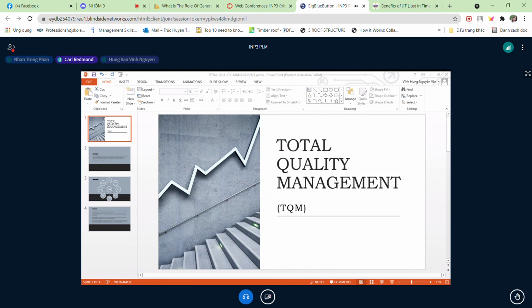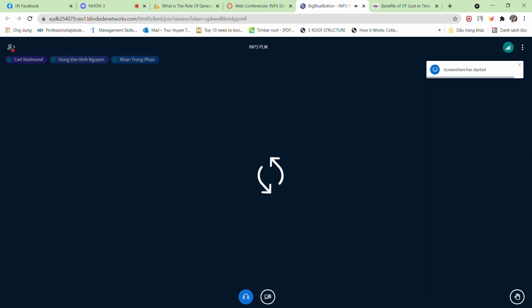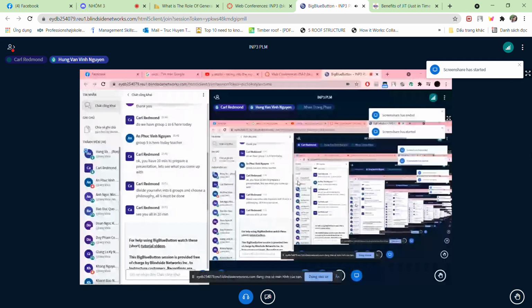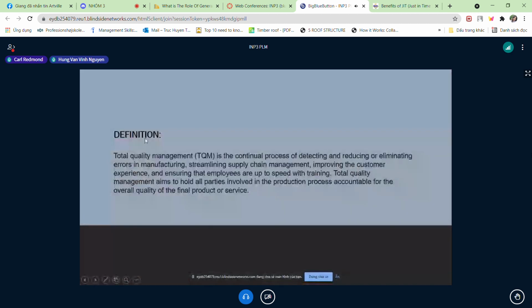Can you just click on slide number 2? You don't have to start the presentation because you can see it no matter what. There's some trouble with my computer, so okay, it's done. Now we can see it. You went to the definition. Good.